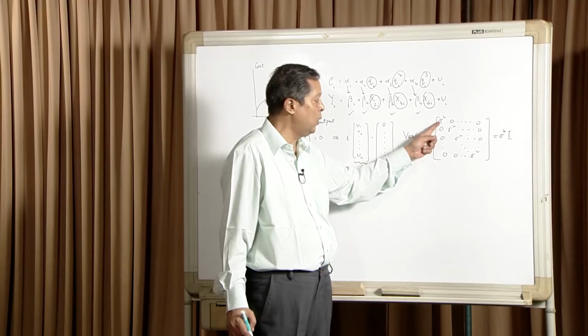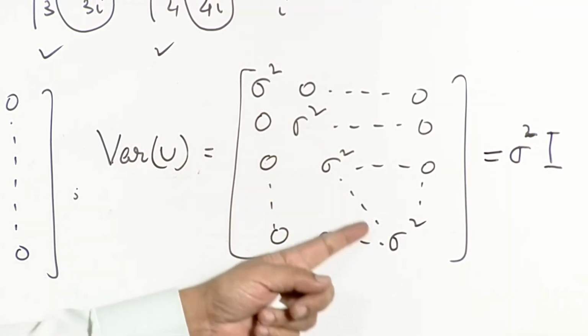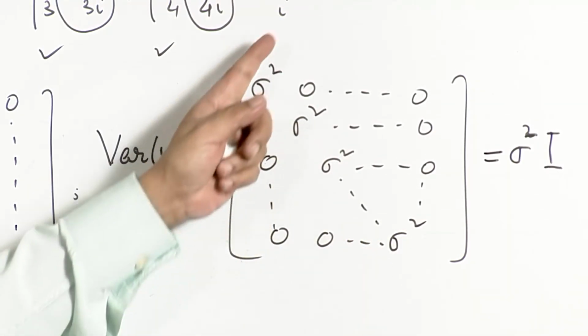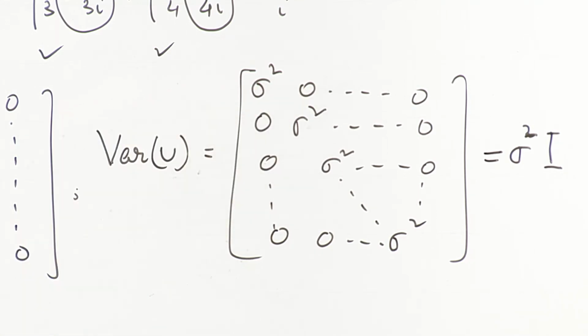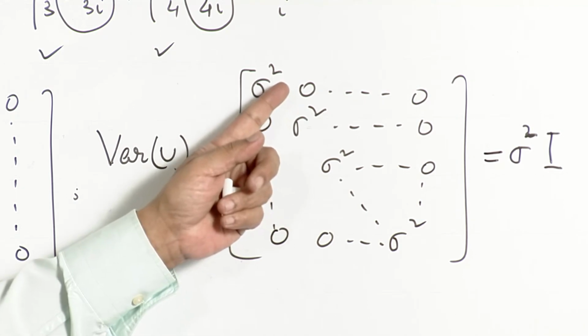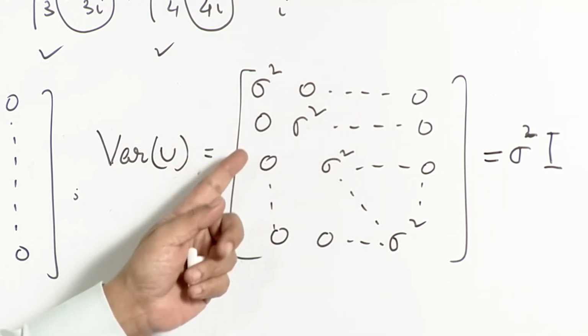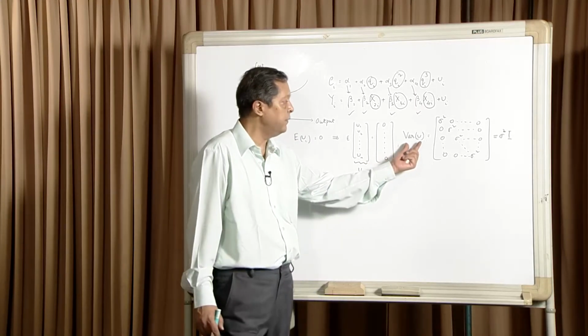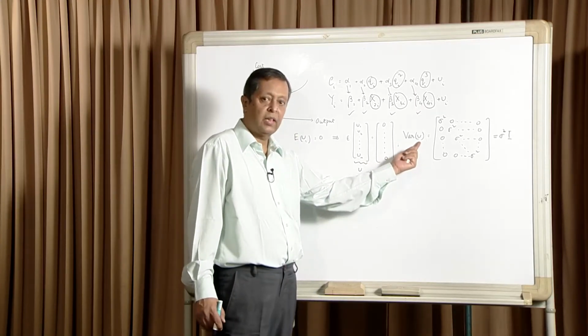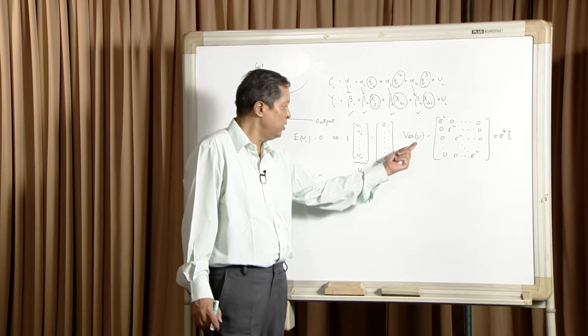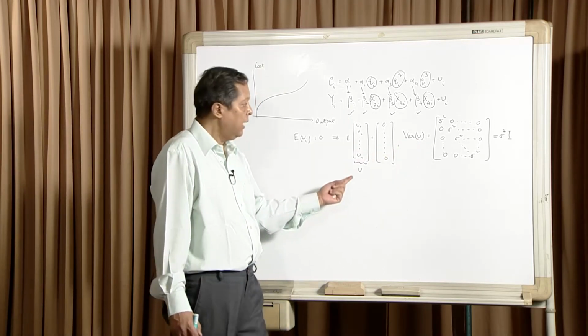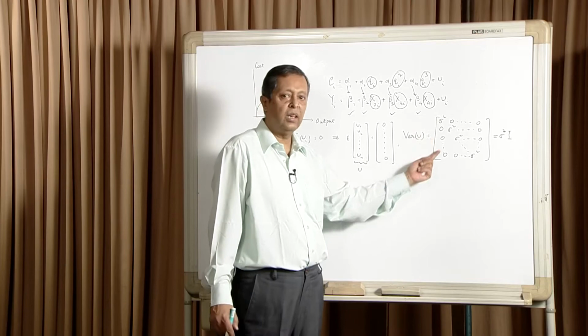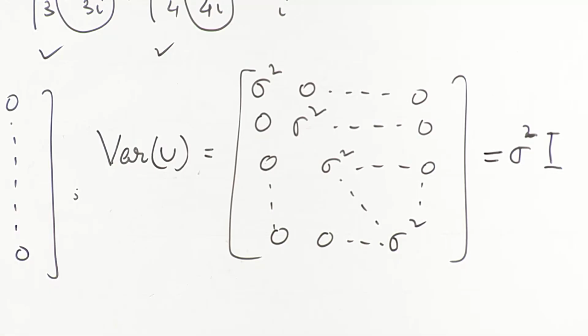This is variance of u1, variance of u2, right up to variance of un. And remember, we had said that the covariance between any two, ui and uj, i not equal to j, is equal to 0. So, all the off diagonal terms show the covariance. In matrix notation, instead of saying ui, we write u, because u contains the entire vector.